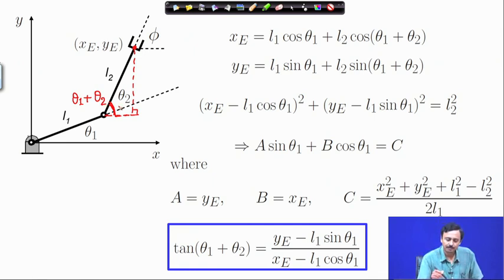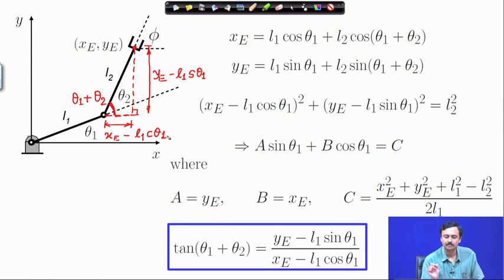So, tangent of theta 1 plus theta 2 is nothing but this distance divided by this distance. This distance is y e minus L 1 sin theta 1 and this distance is x e minus L 1 cosine theta 1. So, tangent of theta 1 plus theta 2 is the ratio of these two terms.